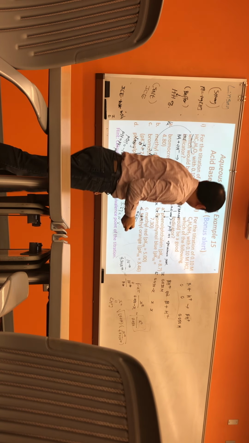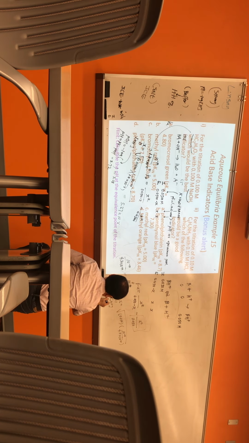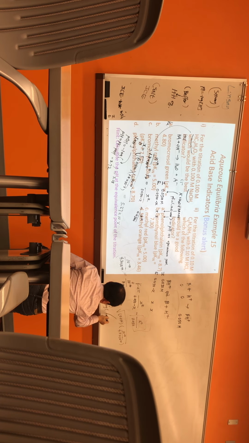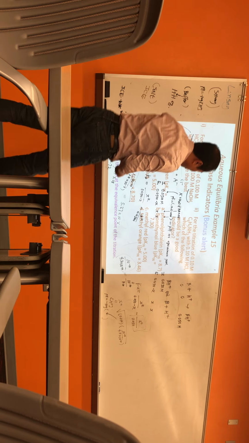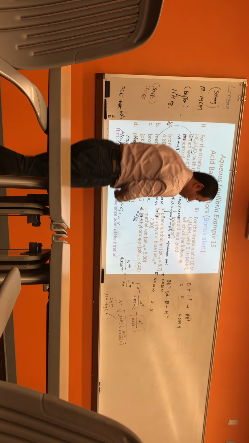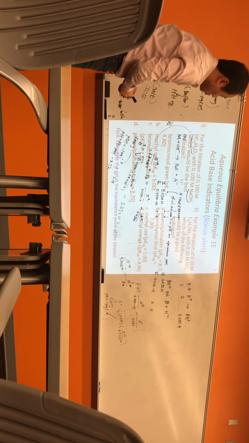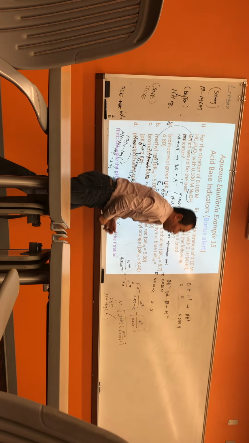So our pH will be just the negative log of this number. And our pKa value should be similar to the pH. Indicate the pK value should be similar to the pH at the equivalence point.